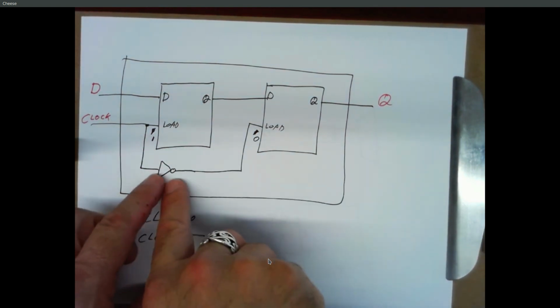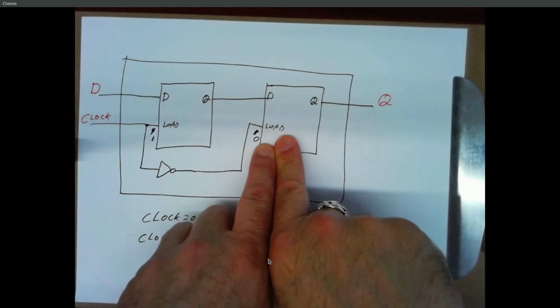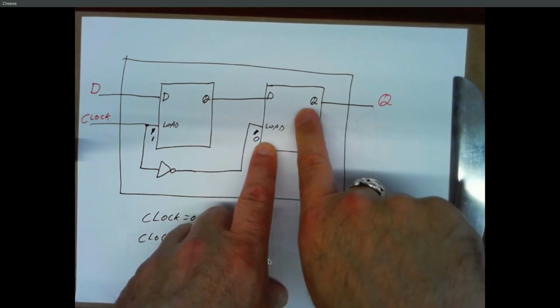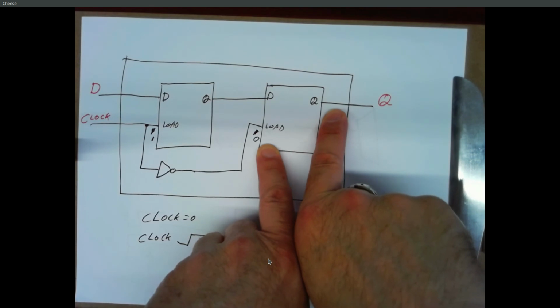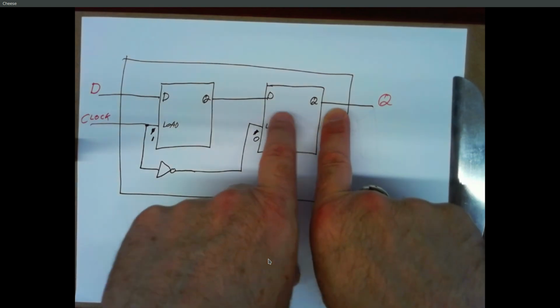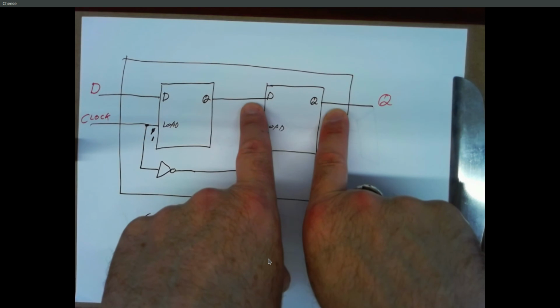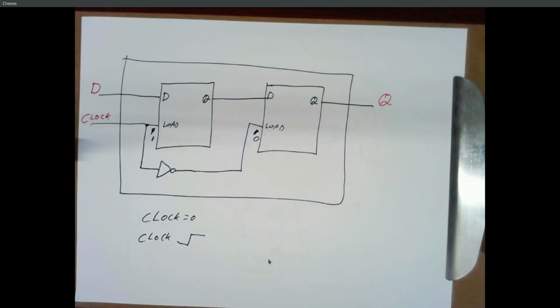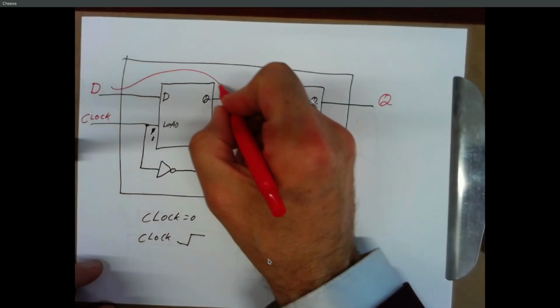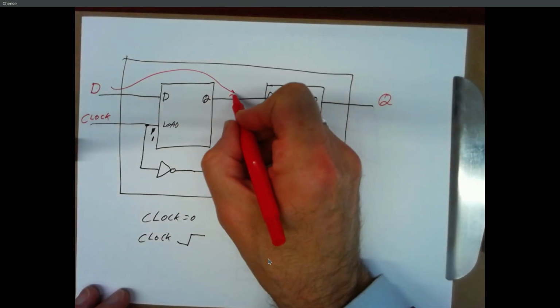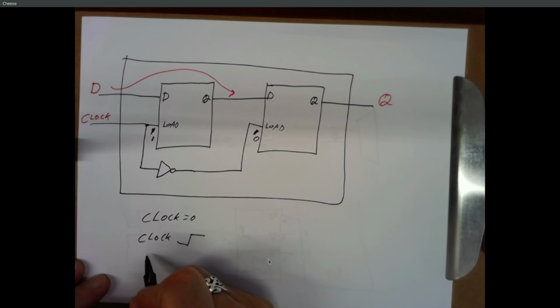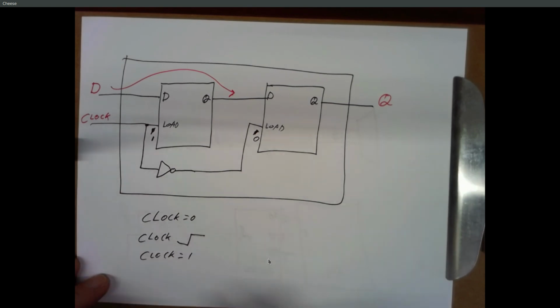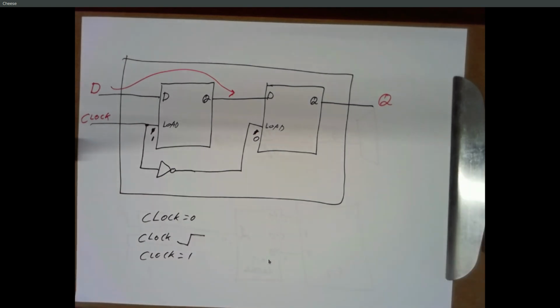But since clock is 1, this load line is 0, so this output Q is still not changing. It's totally stuck at whatever value it was, because this is ignoring its D input. But whatever D input we have over here is now appearing on the output of that first latch. So the clock's equal to 1, nothing is changing yet.